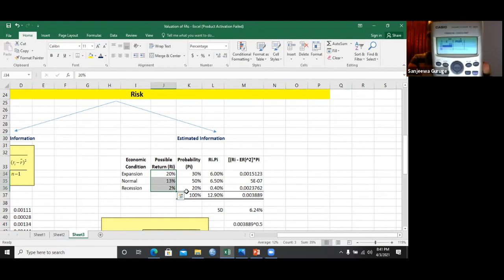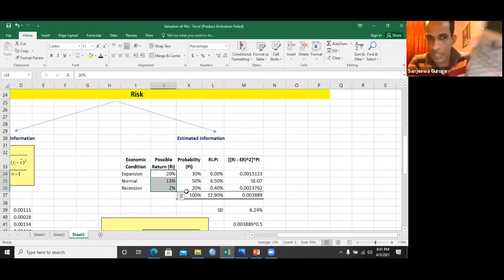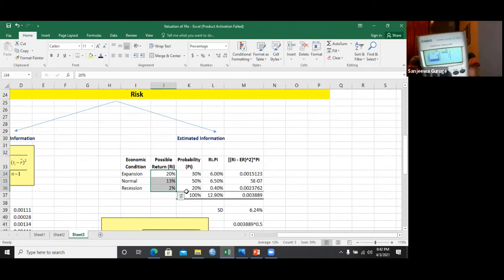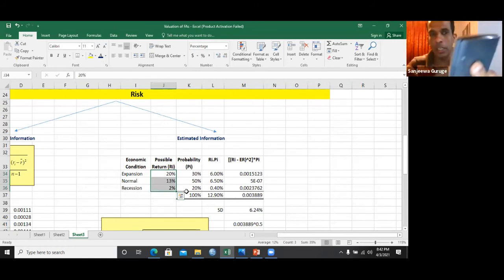When you insert any data, you have to press exe. Did you insert the return data? X means return: 20, 13, 2.